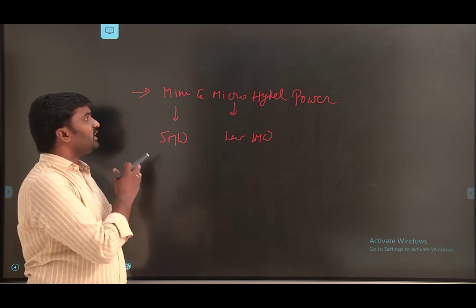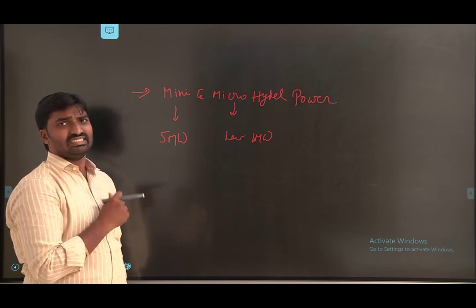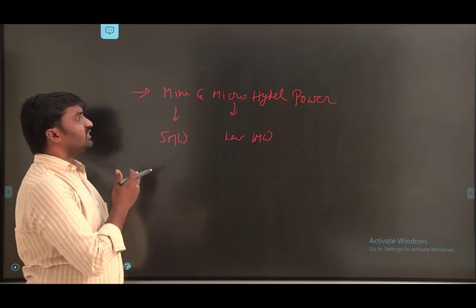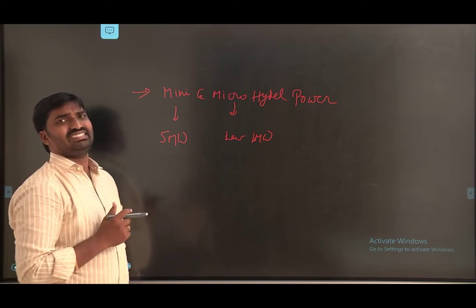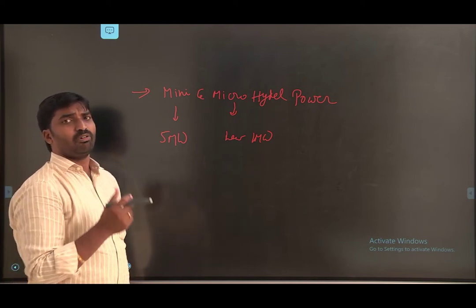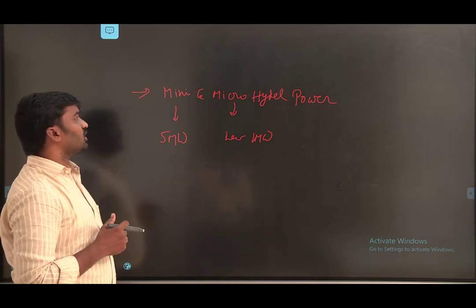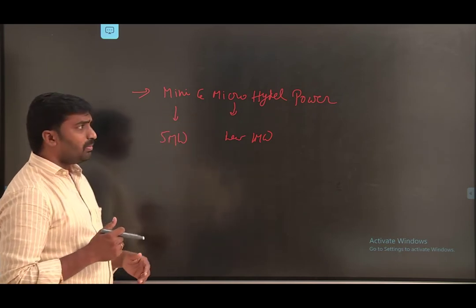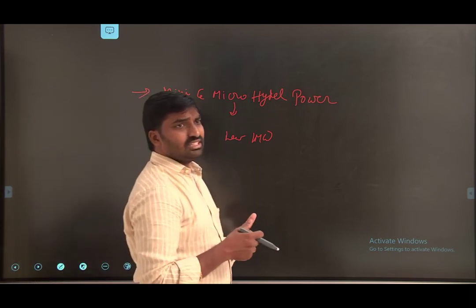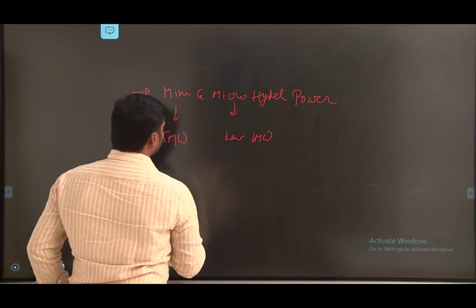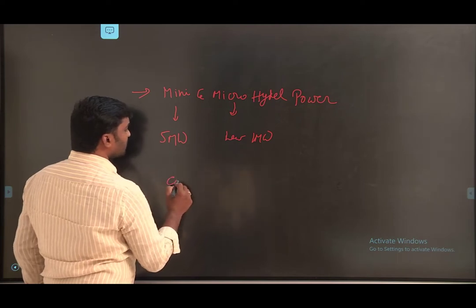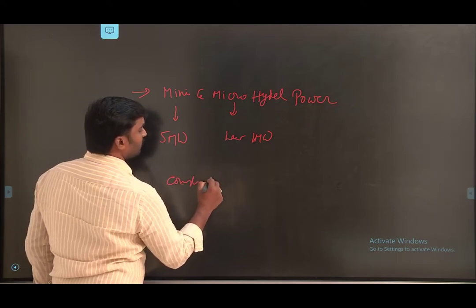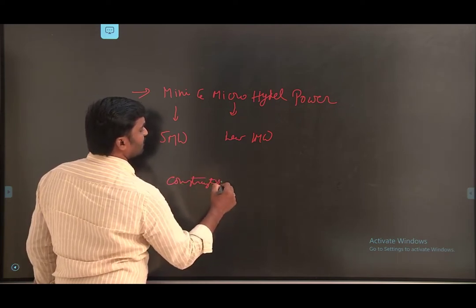Generally, mini and micro hydro power plants are very few in India because they cost a high amount of money when compared to the large power plants. So that's why in most cases we don't use mini and micro, but they need to increase because the construction time is very less for mini and micro power station development.